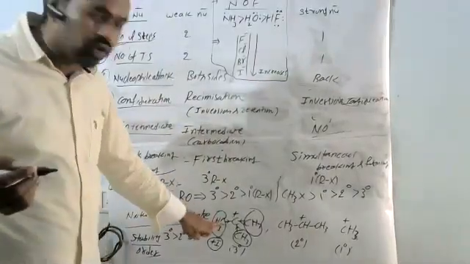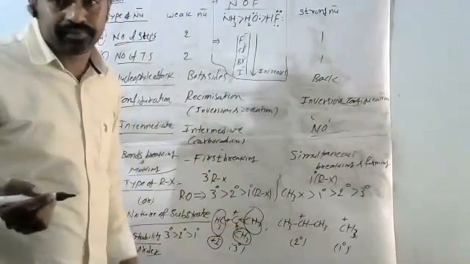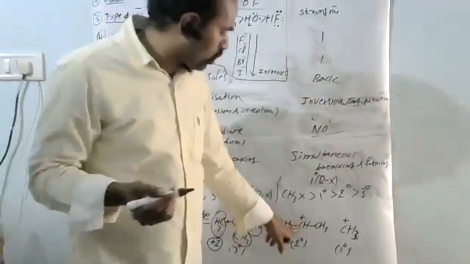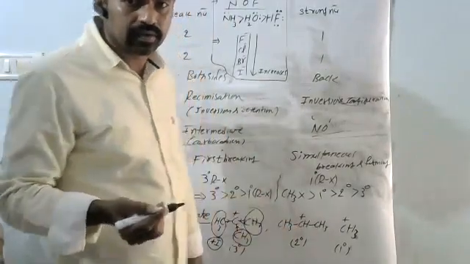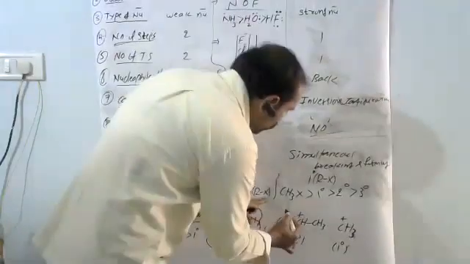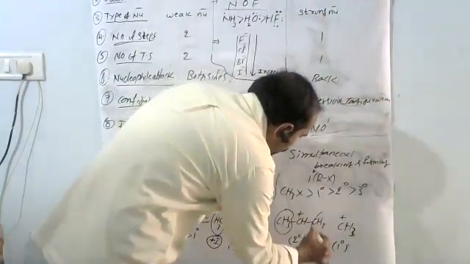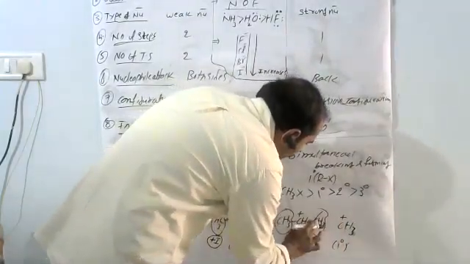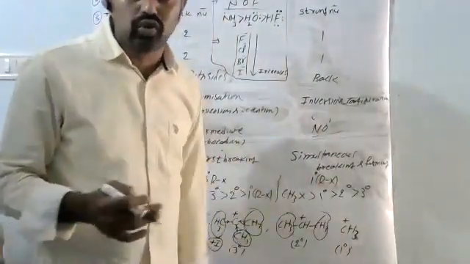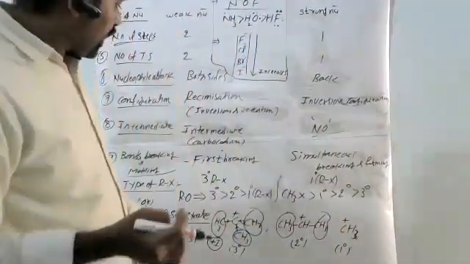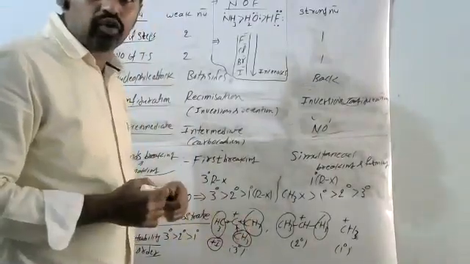Here how many electron donating groups are there? 3. Here how many electron donating groups are there? 2, because left side 1, right side 1. Here generally no electron donating group. Otherwise, if you take ethyl, 1 electron donating group. See, here the number of electron donating groups increases.